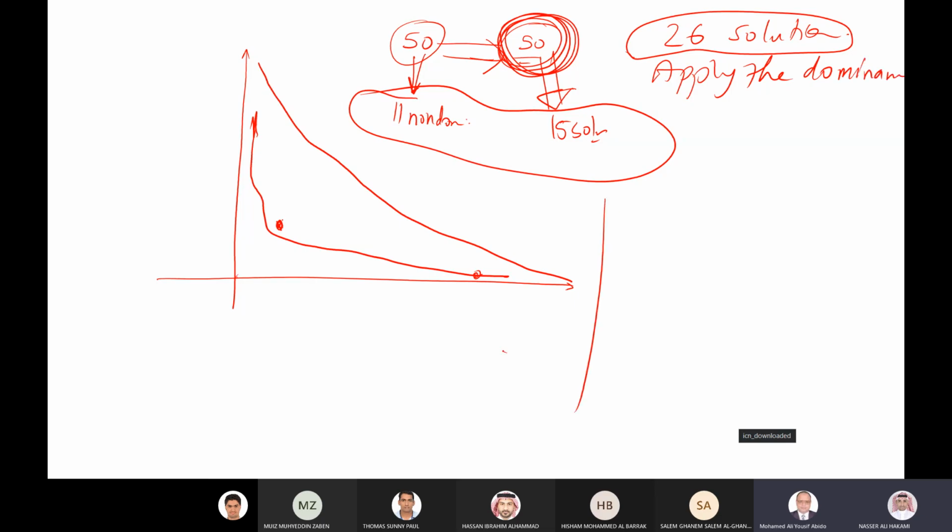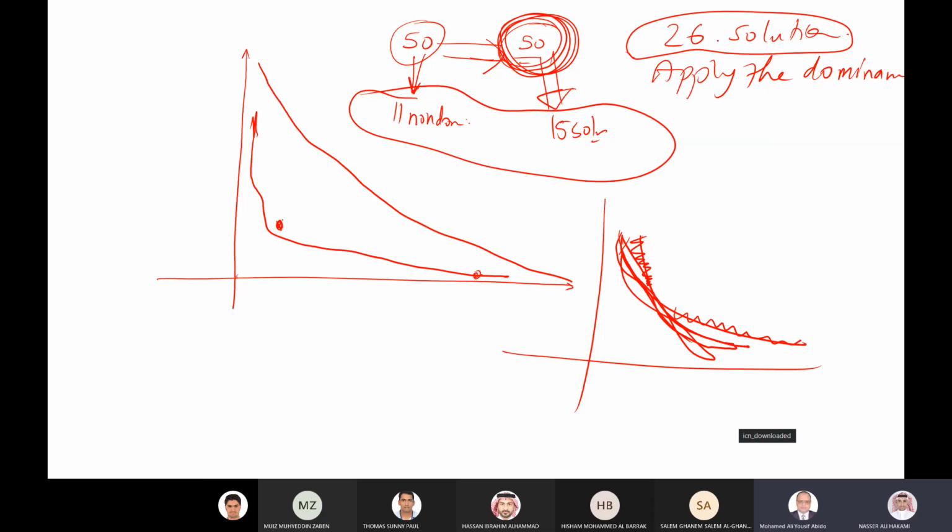And you have 11 solutions here. You may have 15 solutions as such. Okay? So in this case, these will be eliminated, and these also will be eliminated. So this is your Pareto front now. Am I right? Yes, you're right.